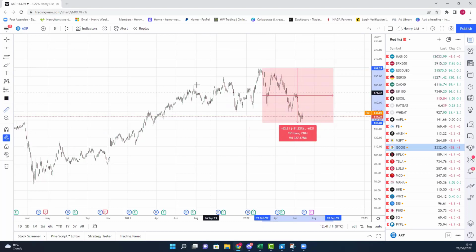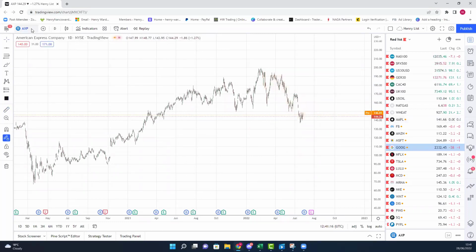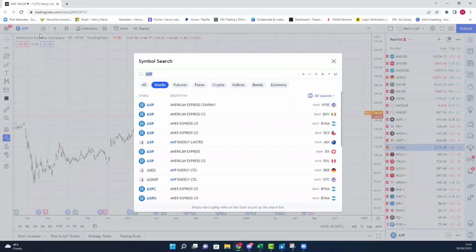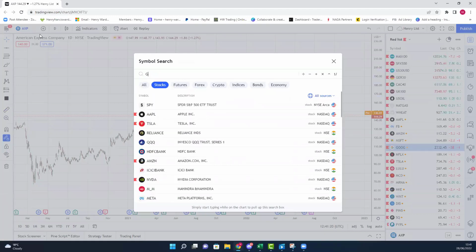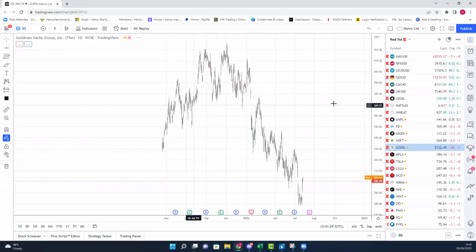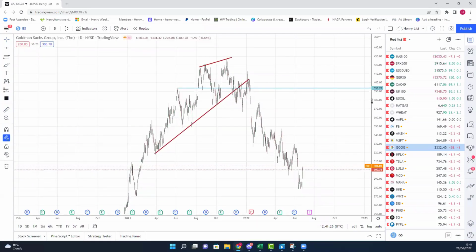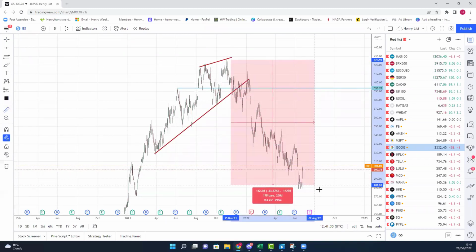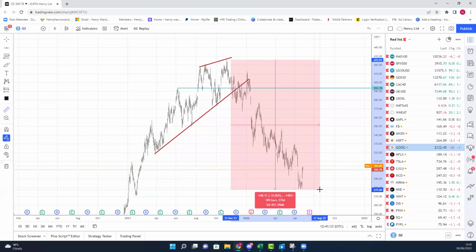So around 24 to 30% we've seen on the likes of these. But if we put in Goldman Sachs, look at the drop from the high we've had on Goldman Sachs. 34%.